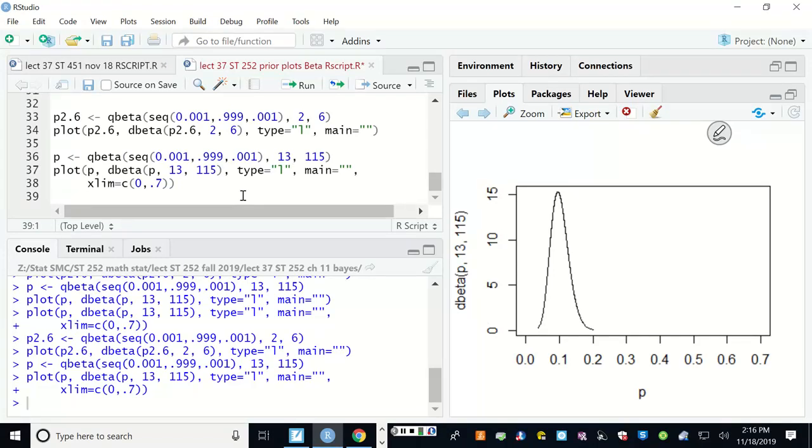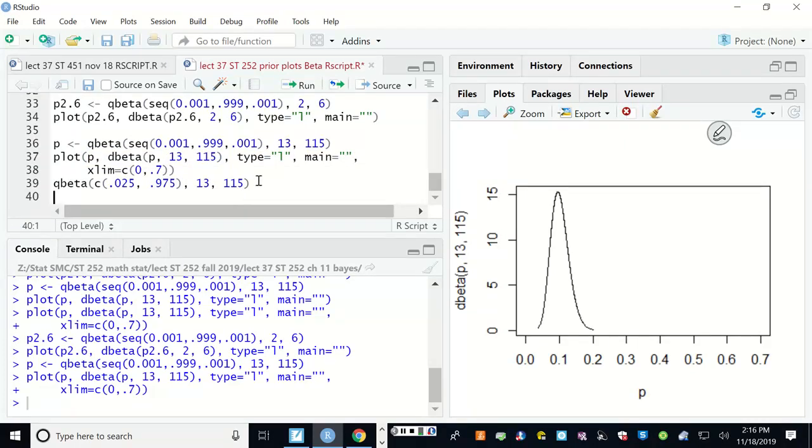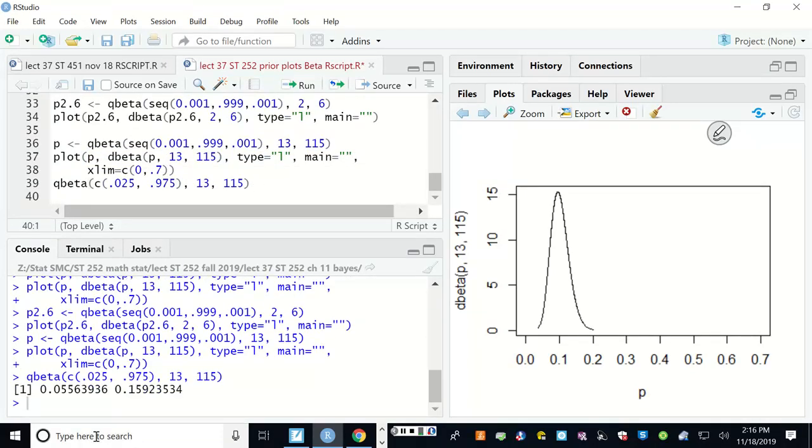And we can report a 95% posterior probability interval, right? So we'll say that the quantiles for a beta at 0.025 and 0.975 for 13 and 115 parameters is the 95% posterior interval. And so we're 95% probable that theta is in this interval, because this is a distribution for P given the data, right?